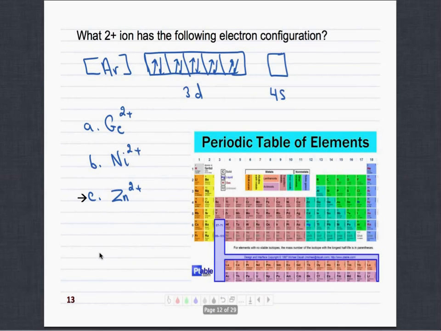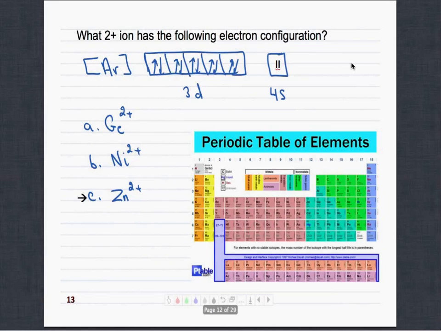this configuration. So if I add 2 electrons to this configuration, and I count the number of electrons, 18 electrons for argon, plus 10, plus 2, that ends up exactly at the zinc electronic configuration. So this is why it is 2 plus. Okay, the other way to do it is to write the electronic configuration of all the choices, and that's time consuming.